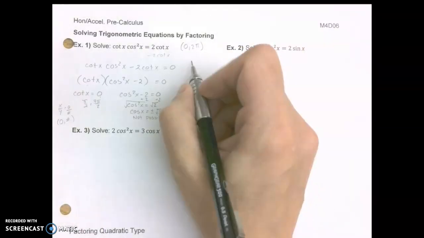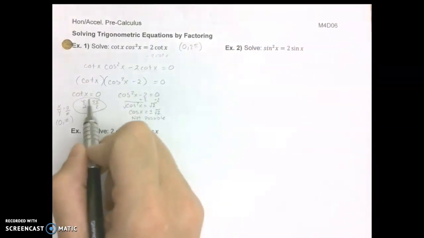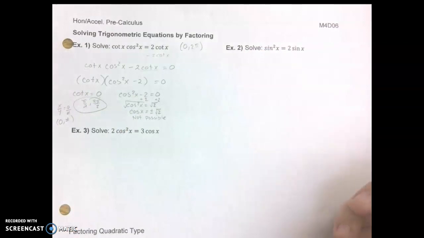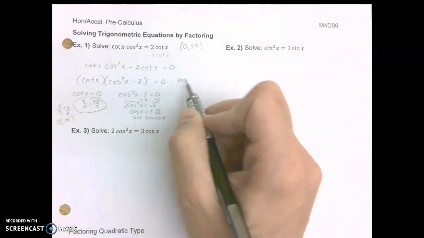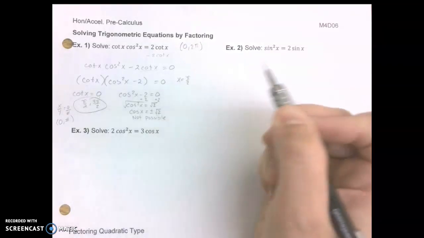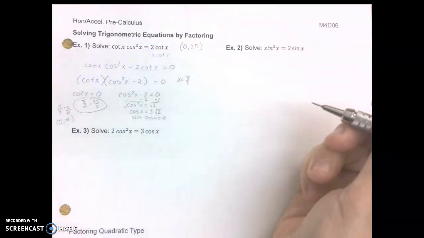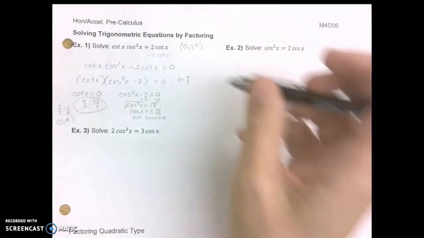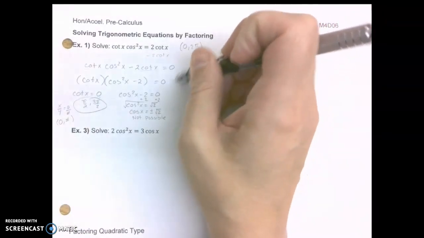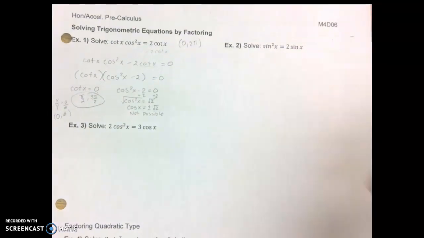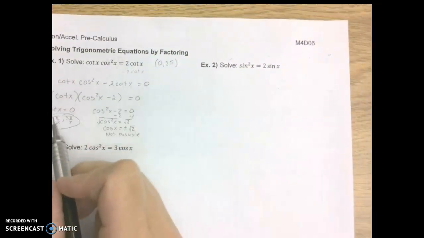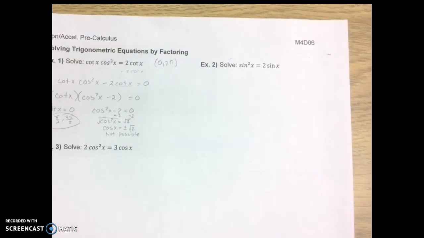So my only two solutions here would be pi over 2 and 3 pi over 2. If I wanted to write them as equations, it would be x equals pi over 2. Well, we don't necessarily have to get into all that just yet. So let's just keep it between 0 and 2 pi for now. And those are my solutions, pi over 2 and 3 pi over 2.